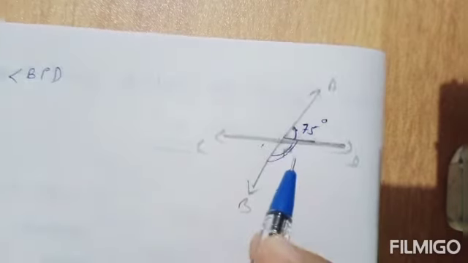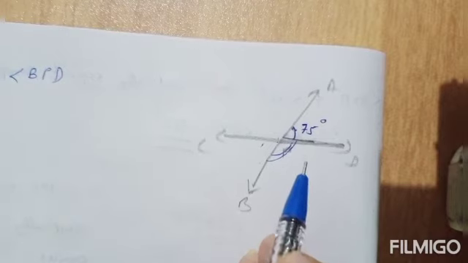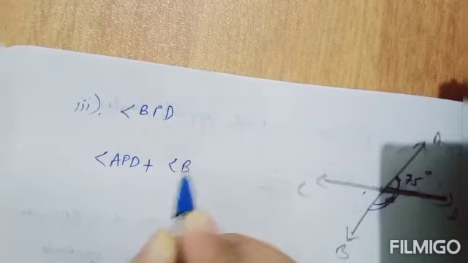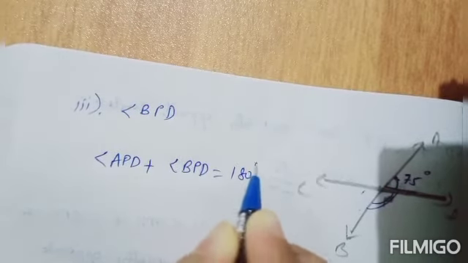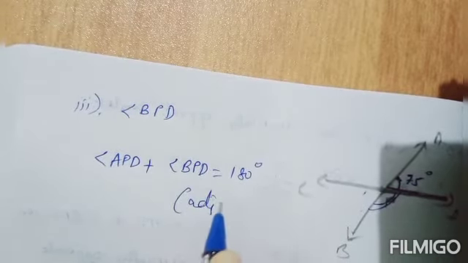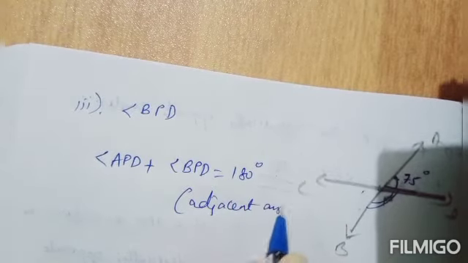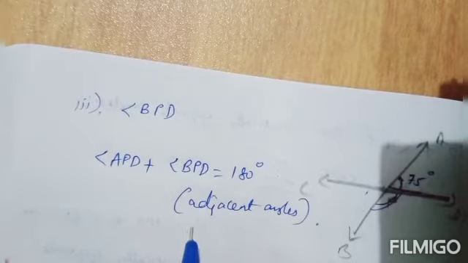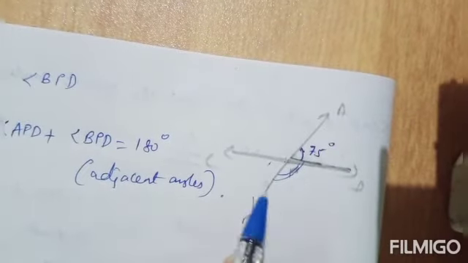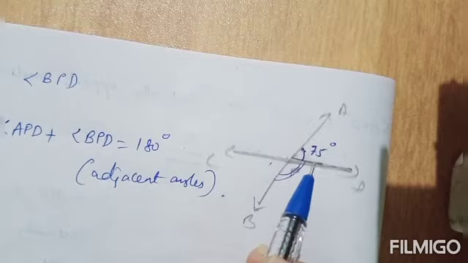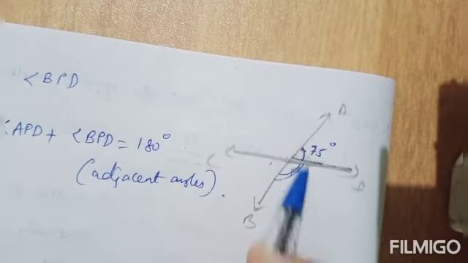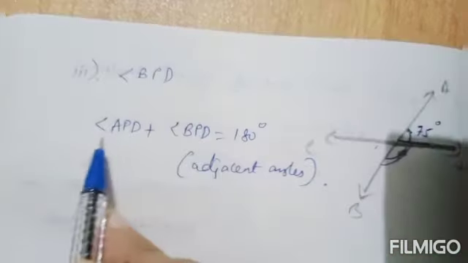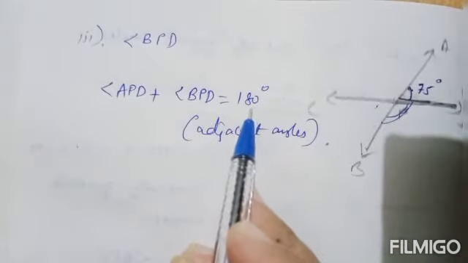So by property 1, what can we say? Angle APD plus angle BPD equal to 180 degrees. You can write the reason: they form adjacent angles, so their sum will be 180 degrees. By property 1, the sum of the two angles is 180 degrees. So angle APD plus angle BPD equal to 180 degrees.